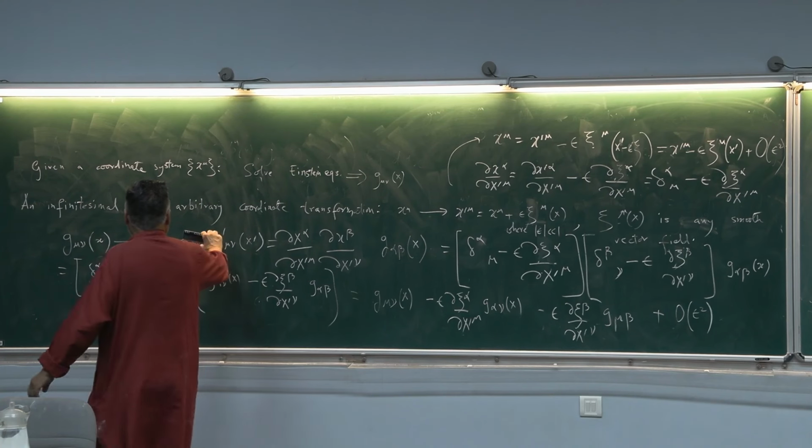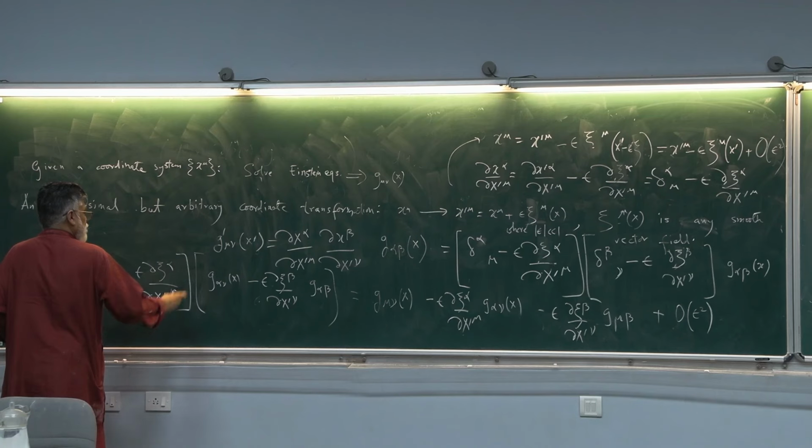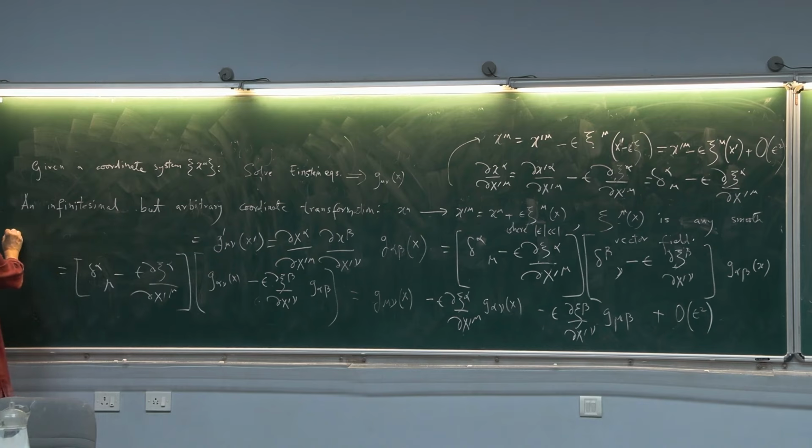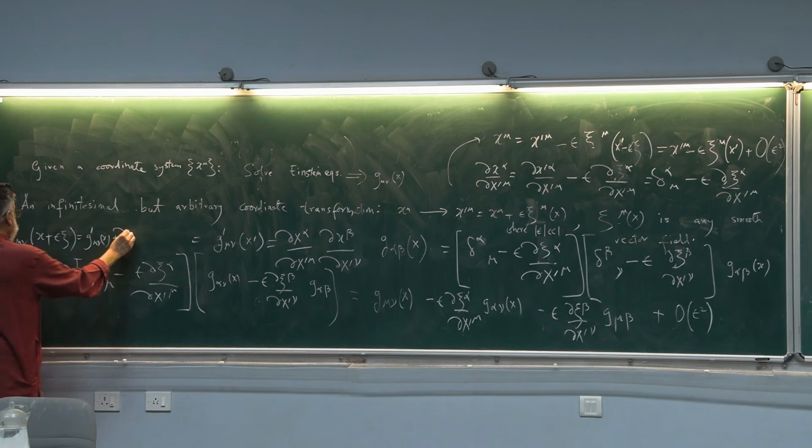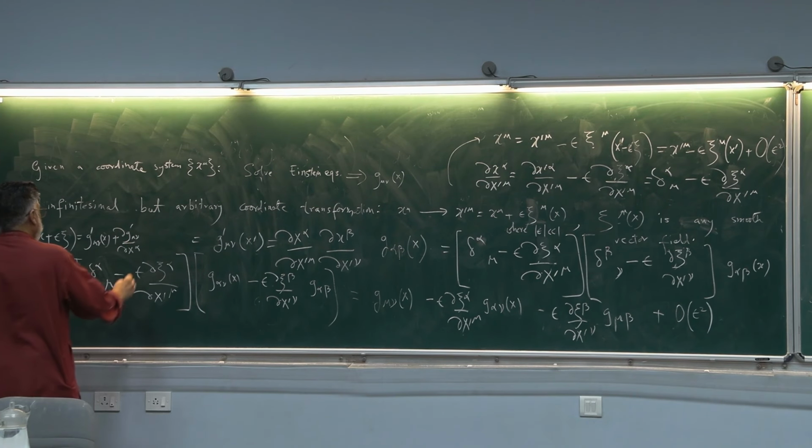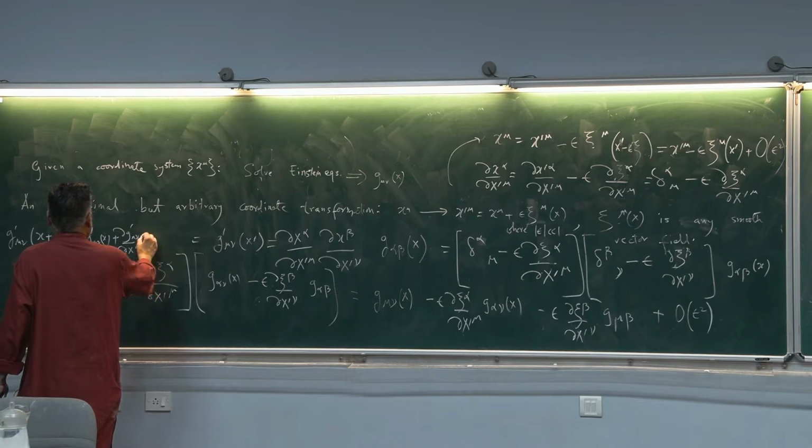This is the same as g prime mu nu of x prime, which is the same as g prime mu nu of x plus epsilon xi mu, and I make a Taylor expansion, so this is the same as g prime mu nu of x plus del g prime mu nu by del x alpha, and there is an epsilon term, xi alpha.